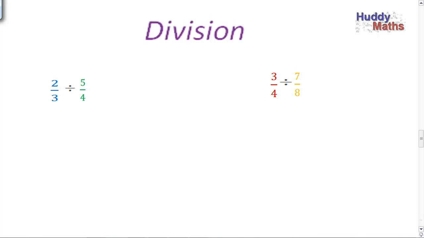Now, division's sometimes a bit of a mystery to students in fraction land. Here we've got 2/3 divided by 5 over 4. And do you remember the rule? And that is division of fractions, you multiply by the reciprocal, or the bottom one turned upside down. Wow, I wonder where that came from.